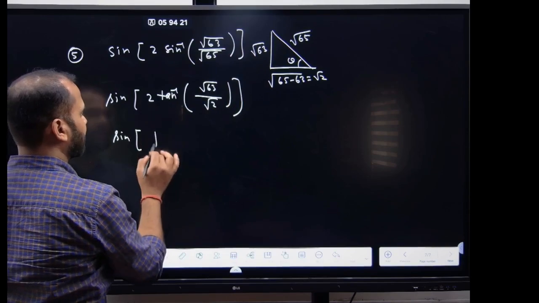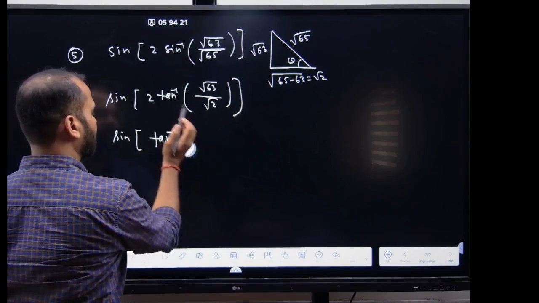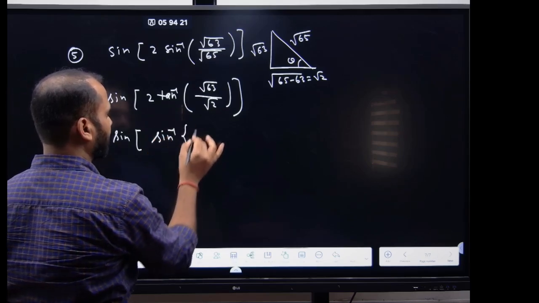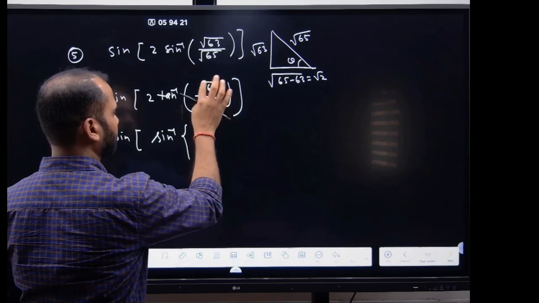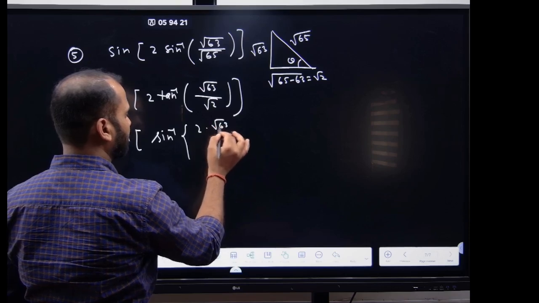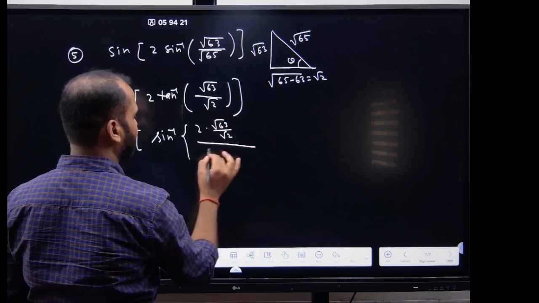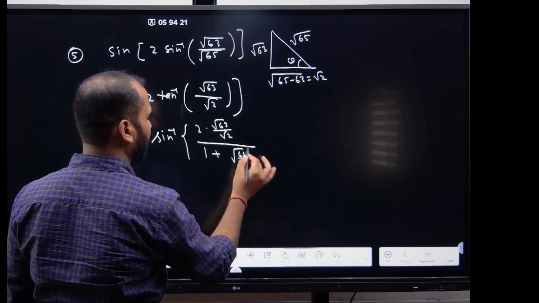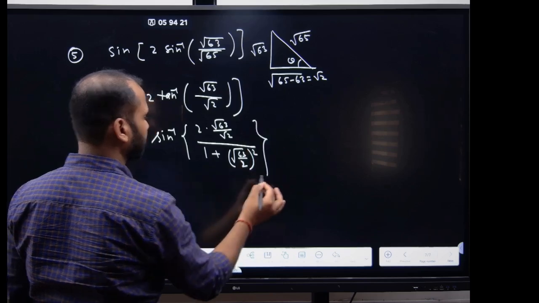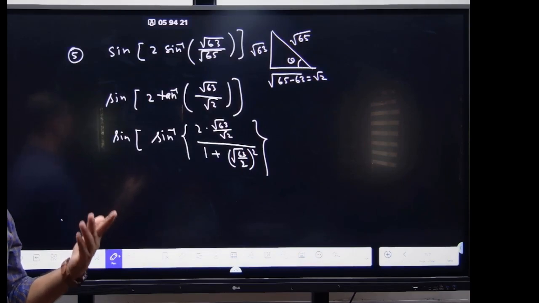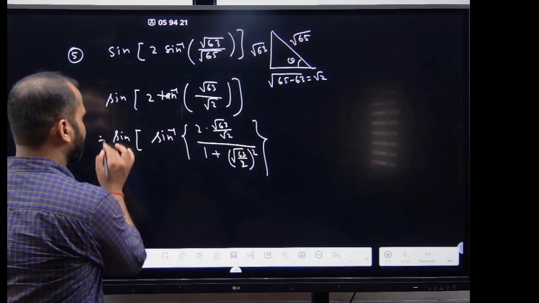Sine 2 tan inverse x will be how much? Sine inverse x we want, no. So, sine inverse 2 into 2x, right. So, whatever total it is root 3 by root 2, 2x plus 1 upon root 60 by 2 the whole square. Which formula I am writing? 2x upon 1 plus x the whole square. If I solve, this gets cancelled now.